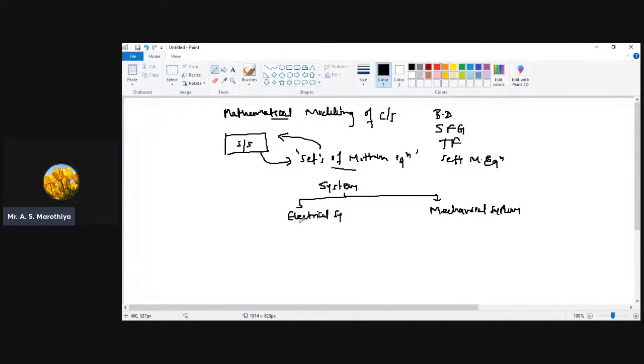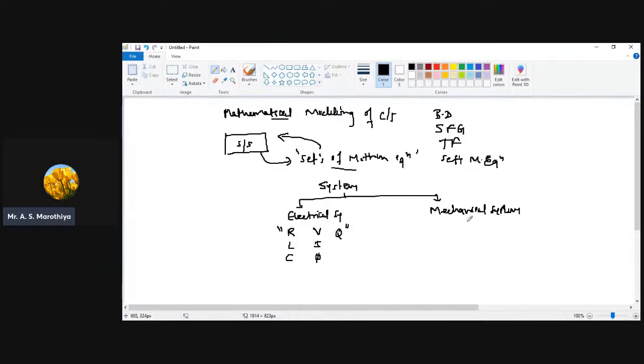Again, as far as electrical systems are concerned, first of all, we should know what are the basic fundamental components which play an important role to define or to design any electrical system. And the answer for this is nothing but resistor, then we have inductor, then we have capacitor, followed by voltage, current, flux, charges.